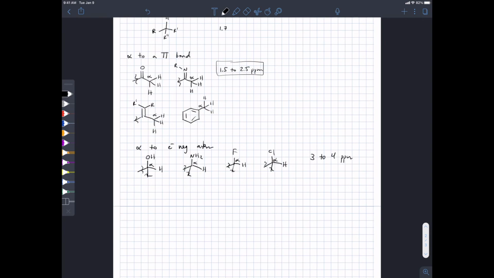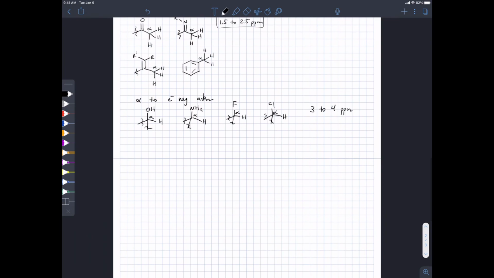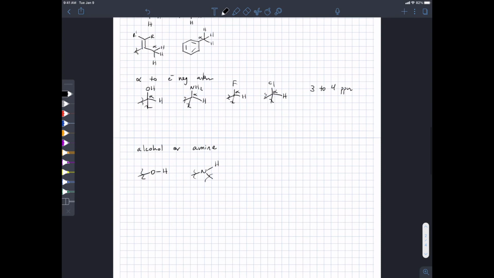All right. How about the proton that's attached to the alcohol? Well, that gets a little tricky. Alcohols and amines have these hydrogens that are on electronegative atoms. And as you know from earlier on in the course, these kinds of groups can hydrogen bond. And the hydrogen bonding process tends to alter the resonance frequency and maybe spread it out quite a bit.